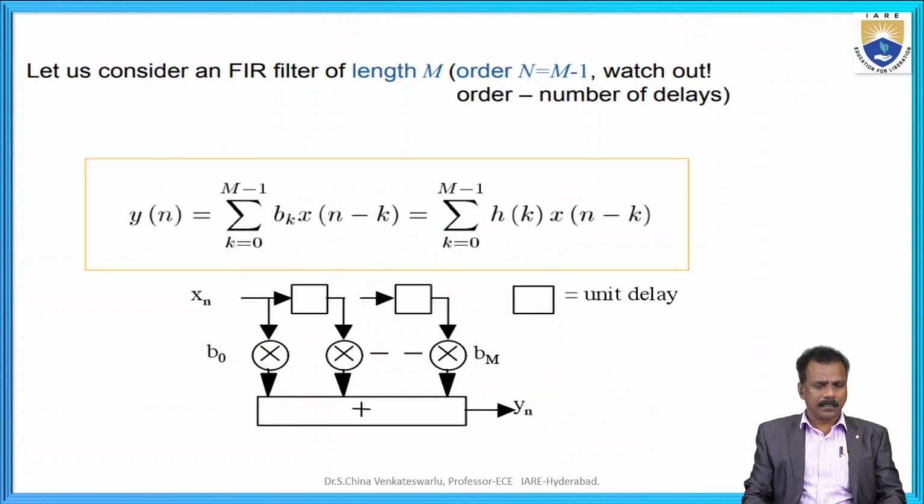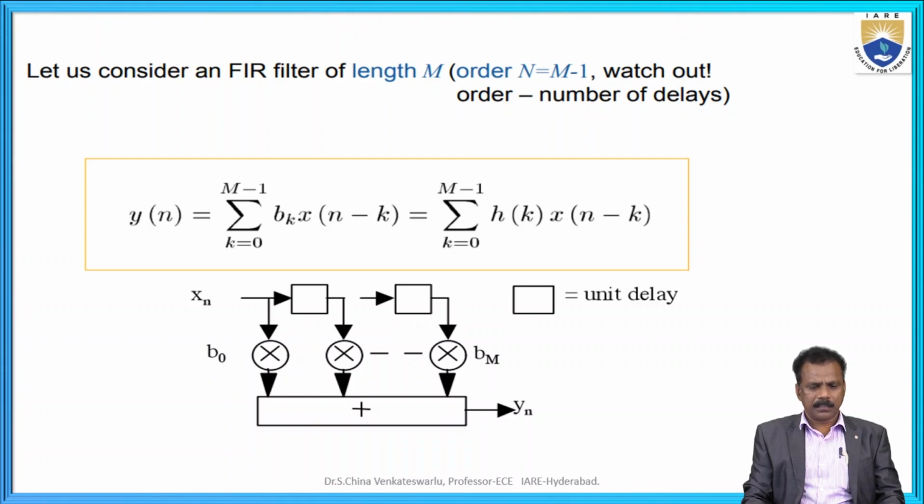Let us consider an FIR filter of length M, order N is equal to M minus 1, which is the number of delays. With this, the output response is y of n equal to the summation k equal to 0 to M minus 1 of b_k into x of n minus k, which is equal to the summation k equal to 0 to M minus 1 of h of k into x of n minus k.